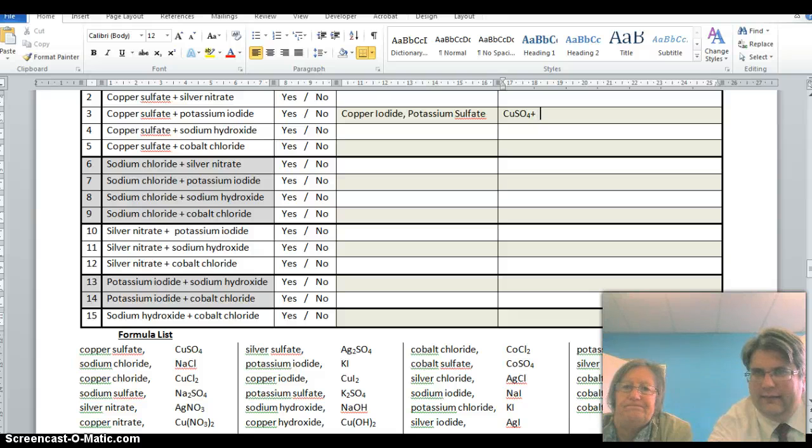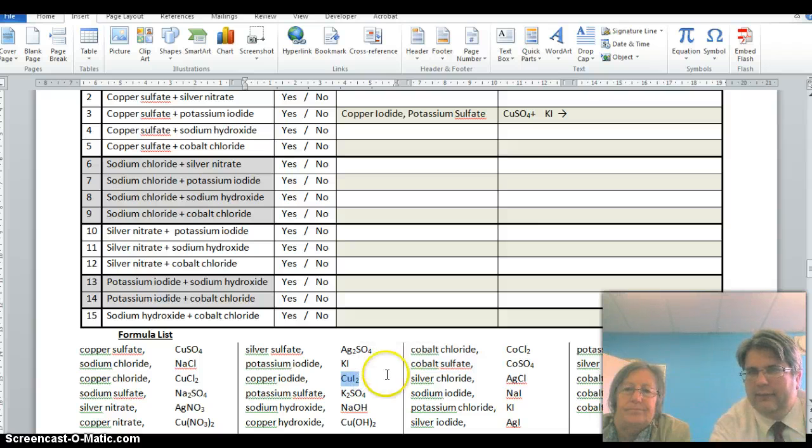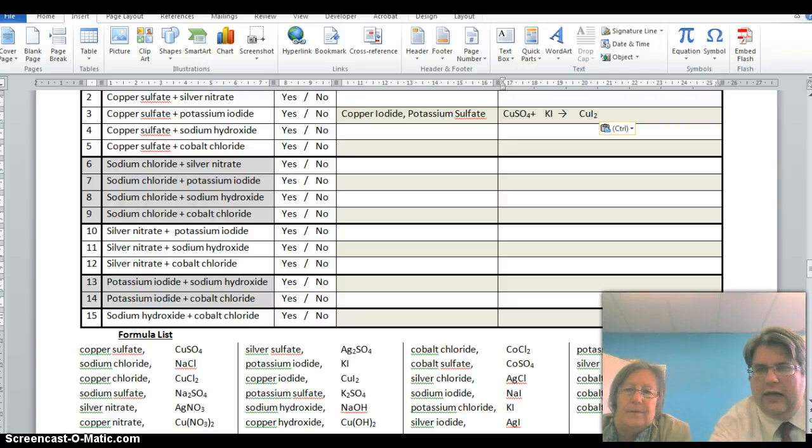And that is going to become, so I put an arrow in here, as we said, copper iodide. So I grab copper iodide and put it in there. Remember to leave a space, plus, leave a space, potassium sulfate. So I look for potassium sulfate and there it is.